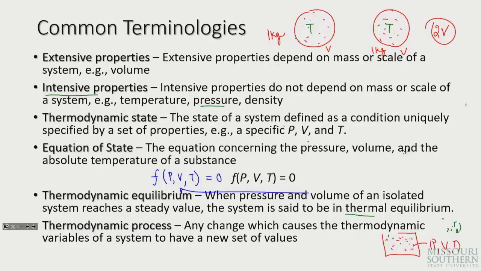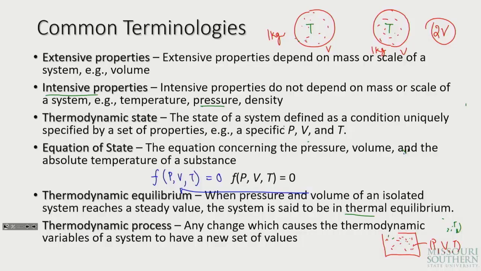The next thing is thermodynamic process. Like I said before, we have some kind of system that has the thermodynamic variables P, V and T, or you can say P1, V1 and T1, and when we do something to the system that changes the values of those variables, then the something that we do to the system is called a thermodynamic process.